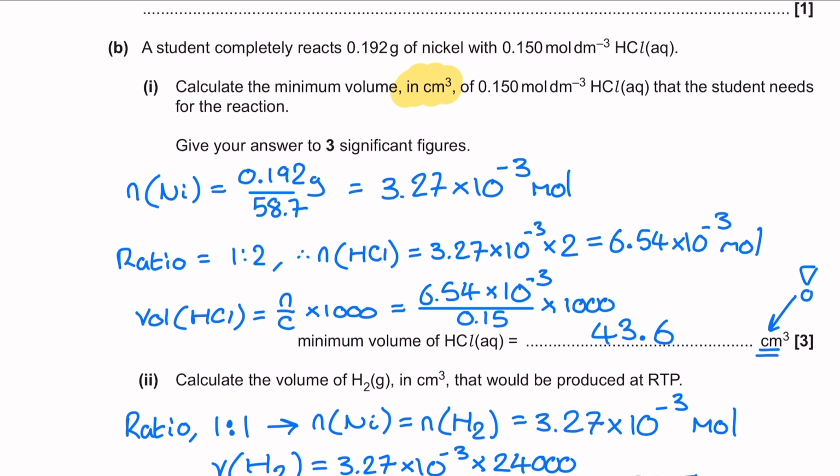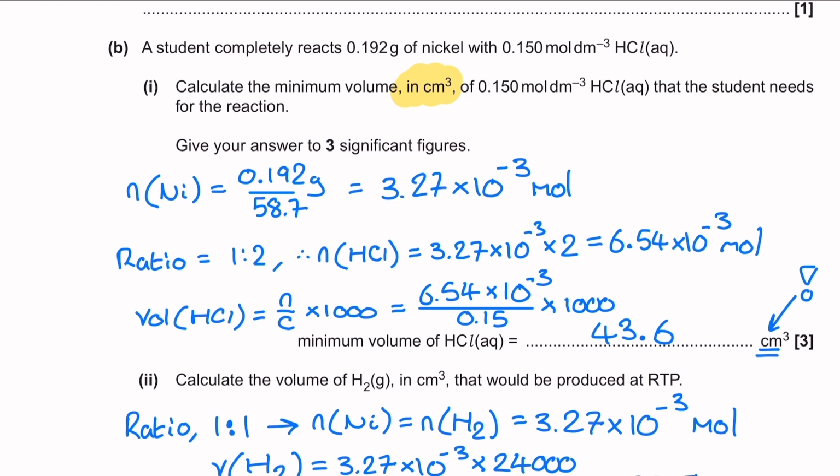They follow a familiar pattern. I'm not saying it's always going to be like this, but look out for moles, ratio and then quantity. Here we've got moles of nickel, ratio in the equation, and our quantity is volume of HCl. So look out for this kind of pattern.